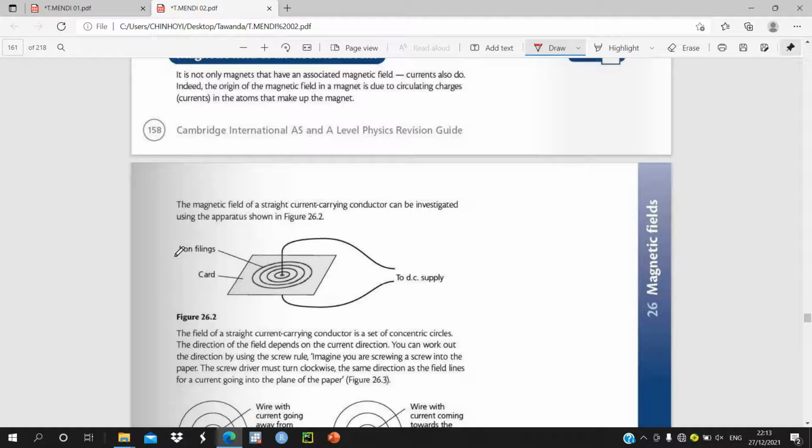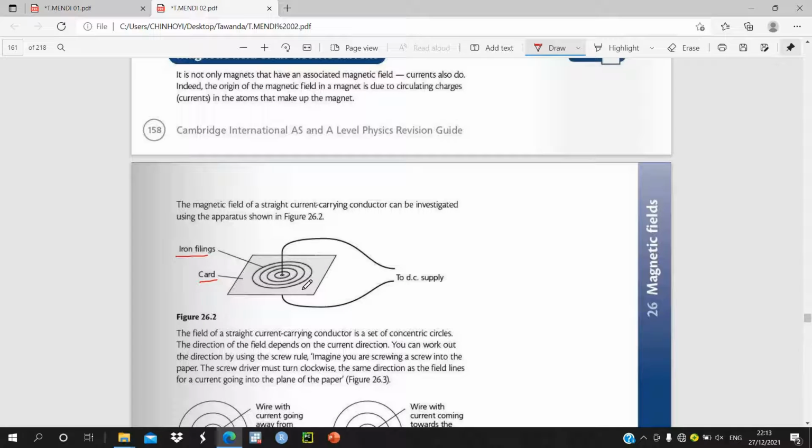That is, if you have the iron filings, and if you have the card, and if you have your current carrying conductor connected to the DC supply, we are going to observe these concentric circles around the wire.